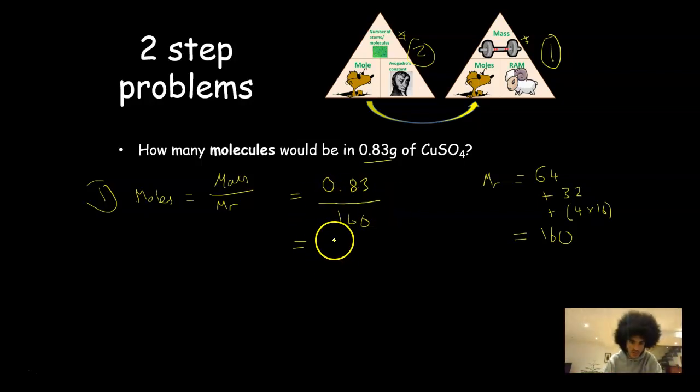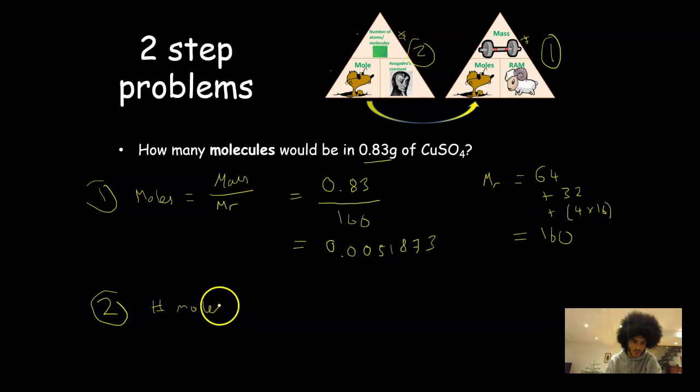quite a long number here. It's 0.005187. Okay, that's the number of moles. Now for step 2, I now need to work out the number of molecules. So that's moles times Avogadro's. So I'm just going to write number of molecules equals moles multiplied by Avogadro's constant.